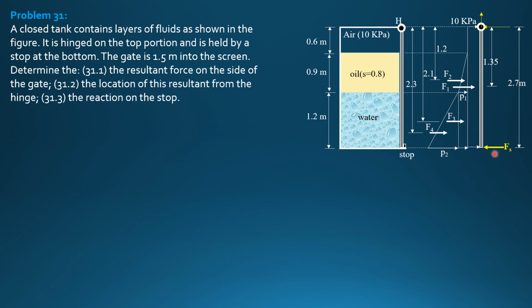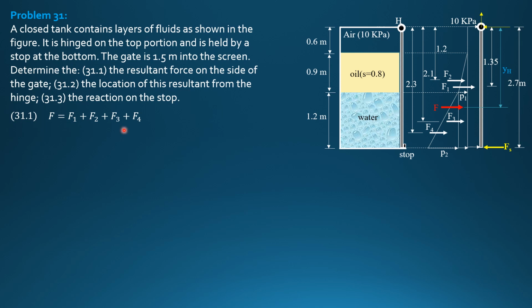This is Fs, the reaction on the stop, and the probable location of the resultant force would be somewhere here. So F is equal to F1 plus F2 plus F3 plus F4. So that's the probable location of F, and we will call its distance from the top y sub h. Then let's apply Varignon's theorem later to solve for y sub h.